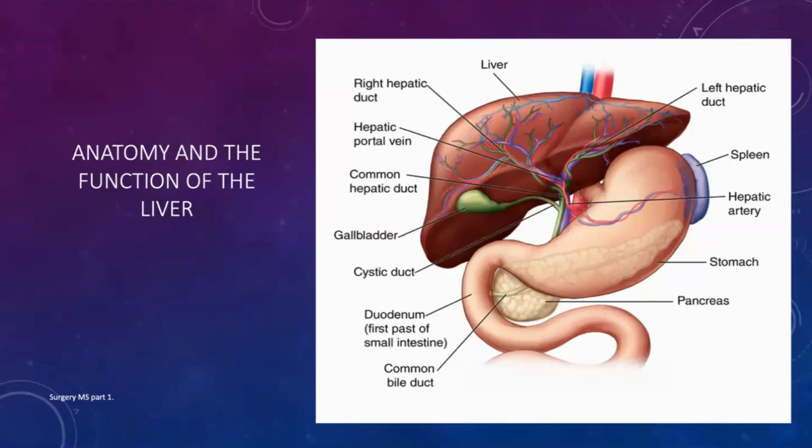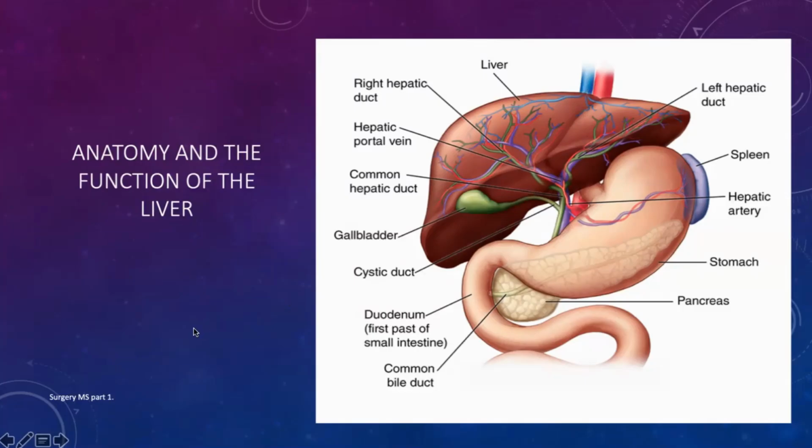Then the left and right hepatic ducts come and connect to make the common hepatic duct, from which the cystic duct originates, and it fills up the gallbladder where the bile is stored. Then it becomes the common bile duct, and it opens up at the ampulla of Vater at the second part of the duodenum. The outflow from the liver is by 3 hepatic veins, which drain into the inferior vena cava behind the liver.